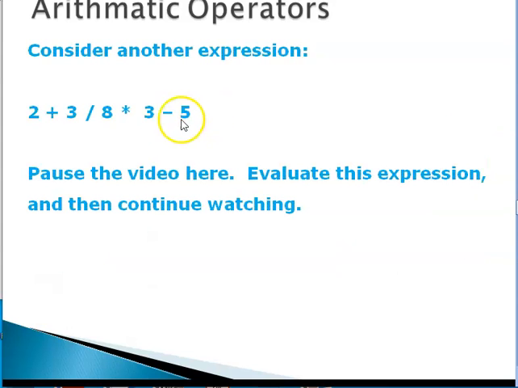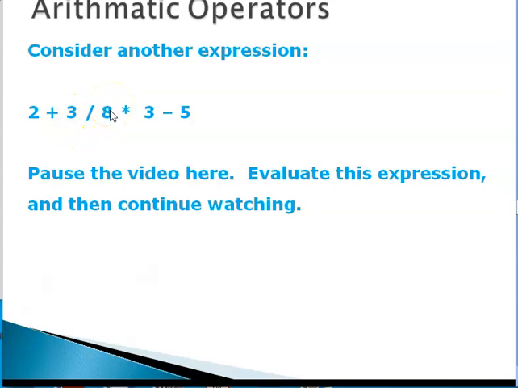Let us look at another example here: 2 plus 3 by 8 star 3 minus 5. Again there are 1, 2, 3, and 4 operators. Out of these 4 operators, division and multiplication have higher priority. This being the leftmost, it is evaluated first. 3 by 8, carefully remember, is 0 in C language, because 3 is an integer and 8 is an integer.